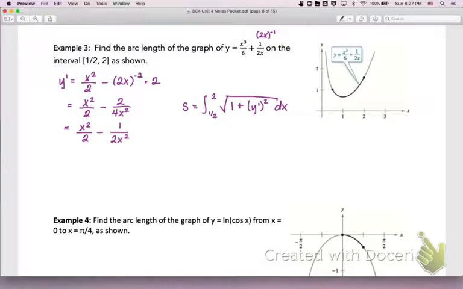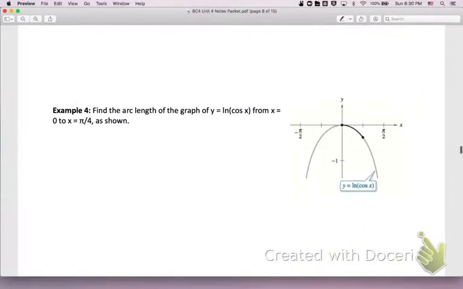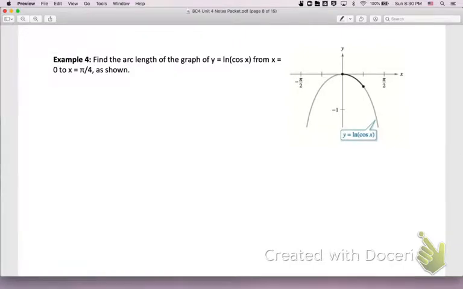Again, I'm going to ask you to pause, try it yourself, and come back for the answer in 3 seconds. The answer I get is 2.0625, so 2.063.